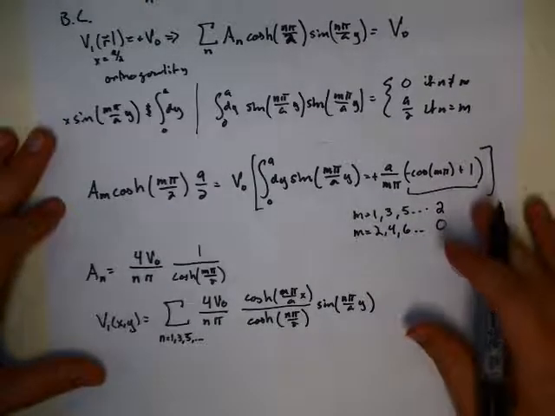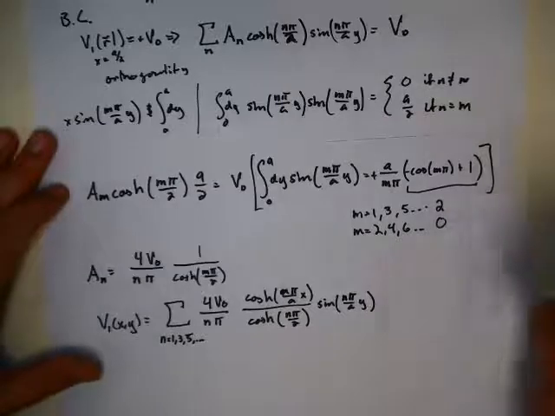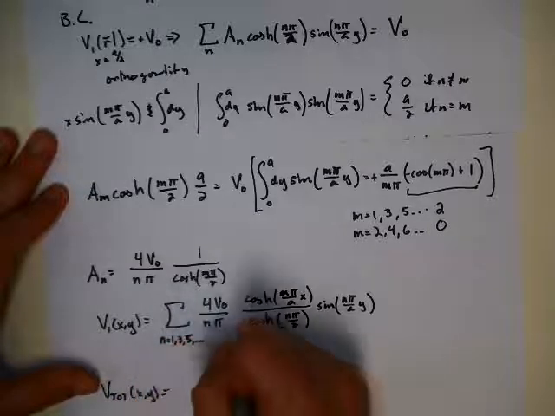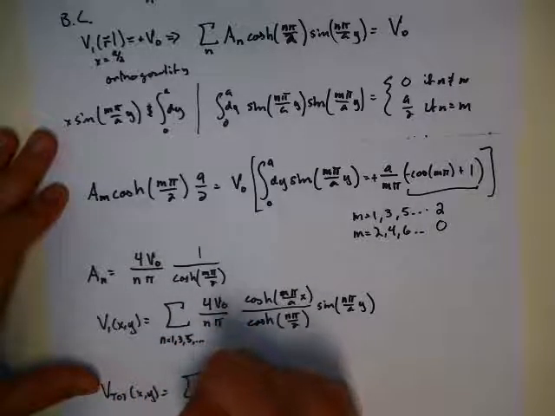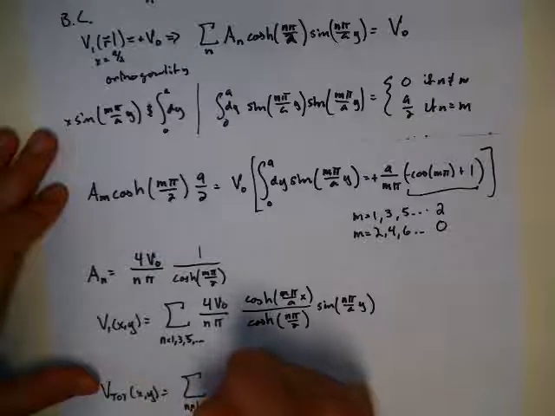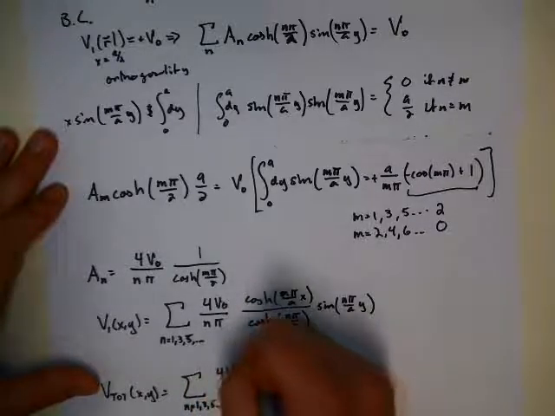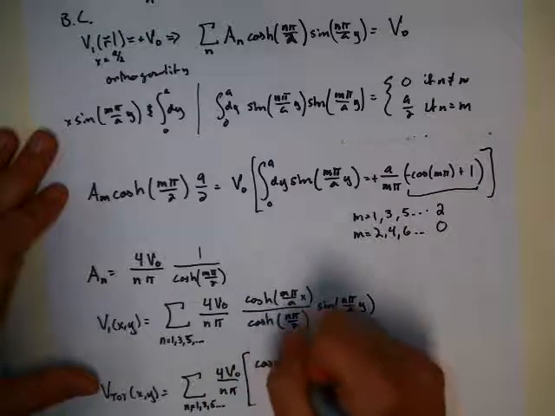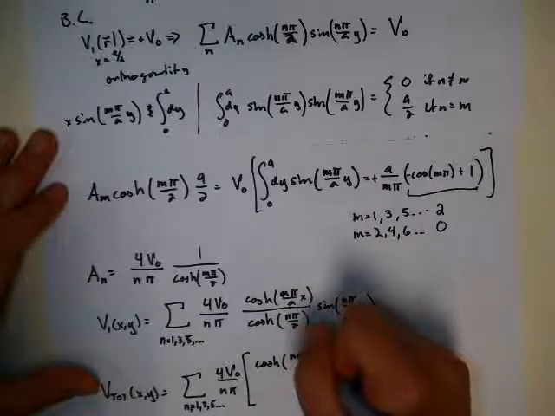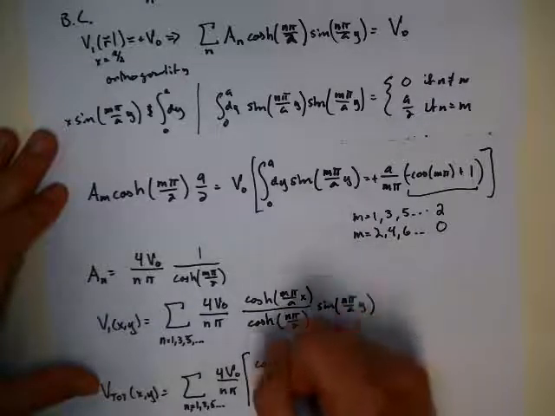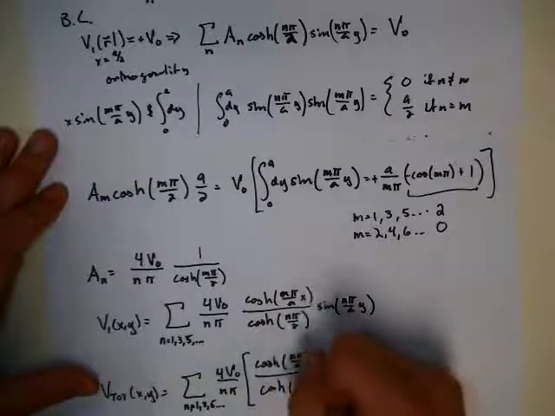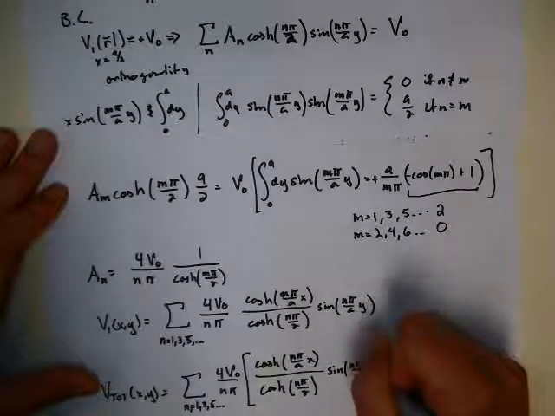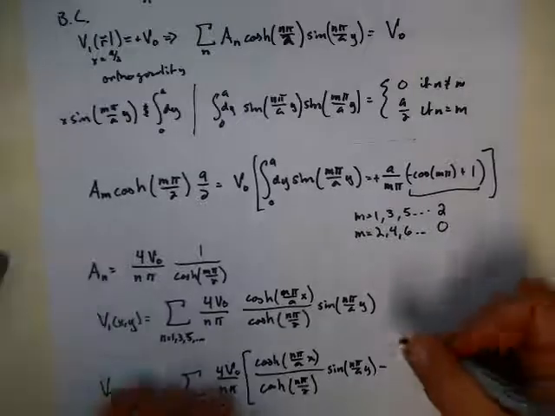Now, in order to do the trick for v total, I just have to do this rotation, and so my v total of x and y is going to be equal to the sum, n equals 1, 3, 5, all the odds, of 4 v naught over n pi, and then I'm going to have exactly what I have here for v1, cosh of n pi over a x divided by cosh of n pi over 2 times sine of n pi over a y, minus, and then I have to do the rotation.